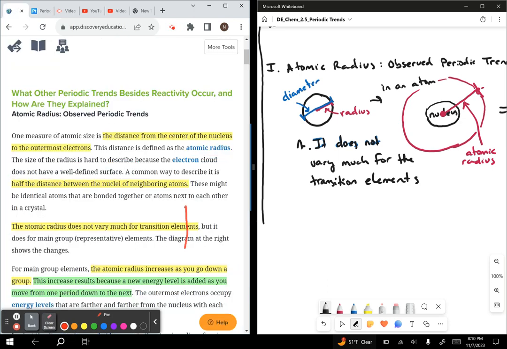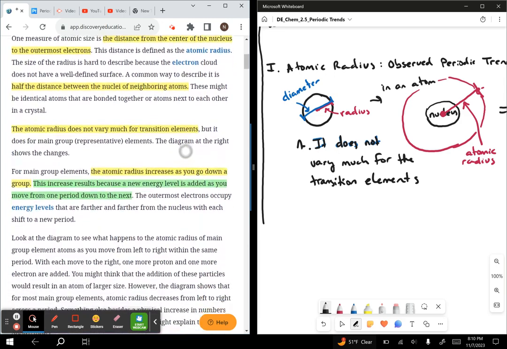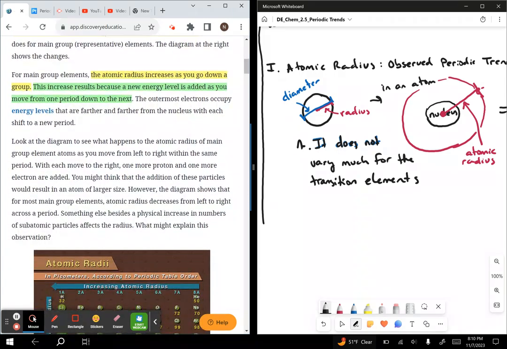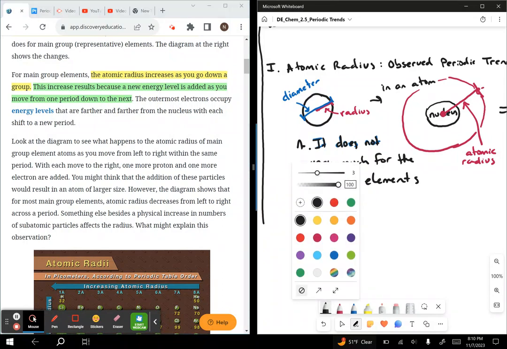For main group elements, the atomic radius increases as you go down a group. So that's probably really what we want to know here. This is pretty important information.